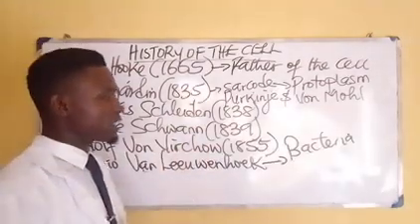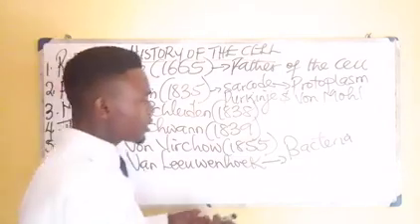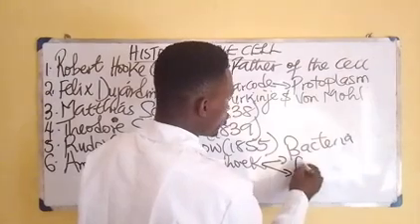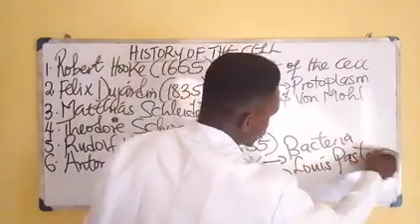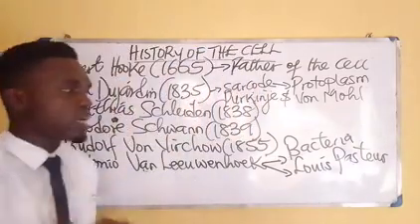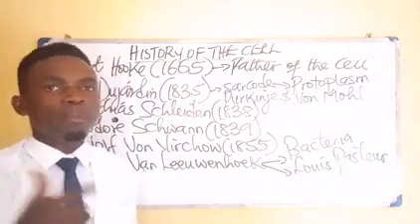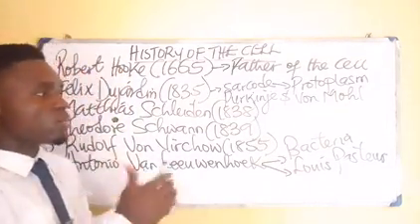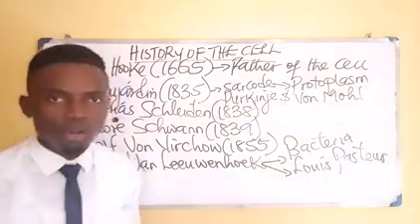The study of bacteria is called bacteriology, but bacteriology was discovered by Louis Pasteur. Louis Pasteur postulated bacteriology, which is the study of what? Bacteria. But bacteria were discovered by Antonio van Leeuwenhoek.